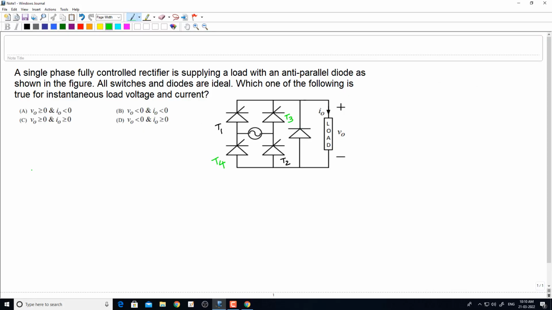Given data: it is a single phase fully controlled rectifier and all the switches are ideal, and also it is given that there is an anti-parallel diode. So, in the positive half cycle, T1, T2 are forward biased, T3 and T4 are reverse biased.